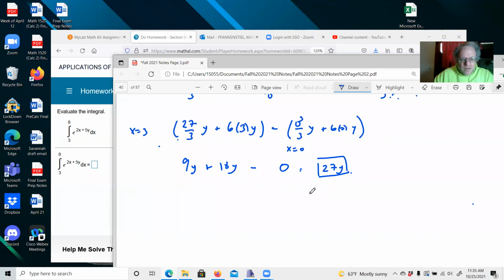Now this one, and again look, we have a dx, so we're integrating with respect to x. Here we have limits 3 and 8, and e to the 2x plus 5y. Now, the first couple of times I do these, sometimes the first couple of dozen times, I don't like this. It confuses me.